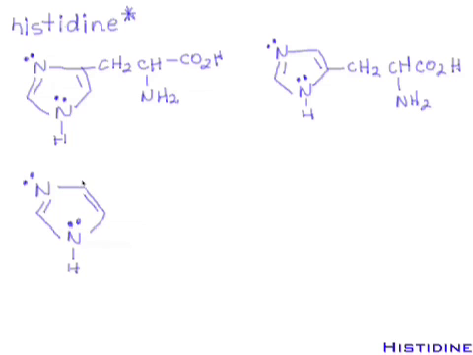So we're going to start with this, and we'll have that attached to an R group. Okay, now, I actually take up less space if I just move the R over there. There. Okay, now we have two lone pairs.